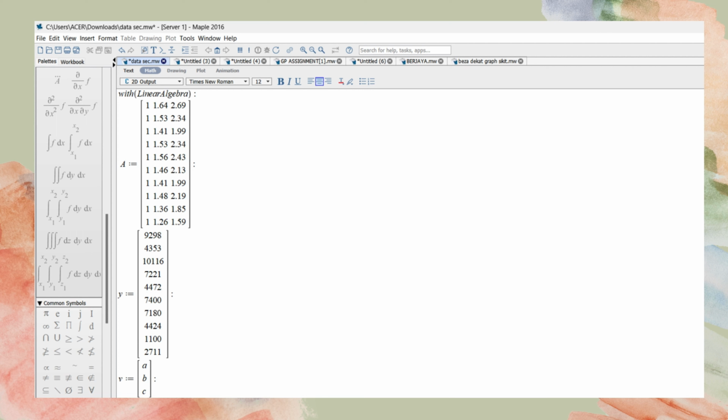The matrix A is structured to facilitate the fitting of the quadratic equation of the form a plus bx plus cx squared to the data, where A, B, and C are coefficients to be determined.